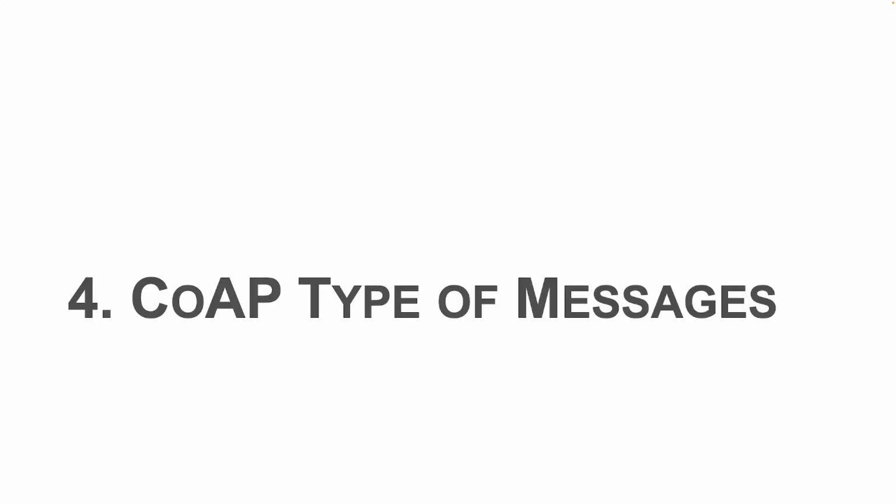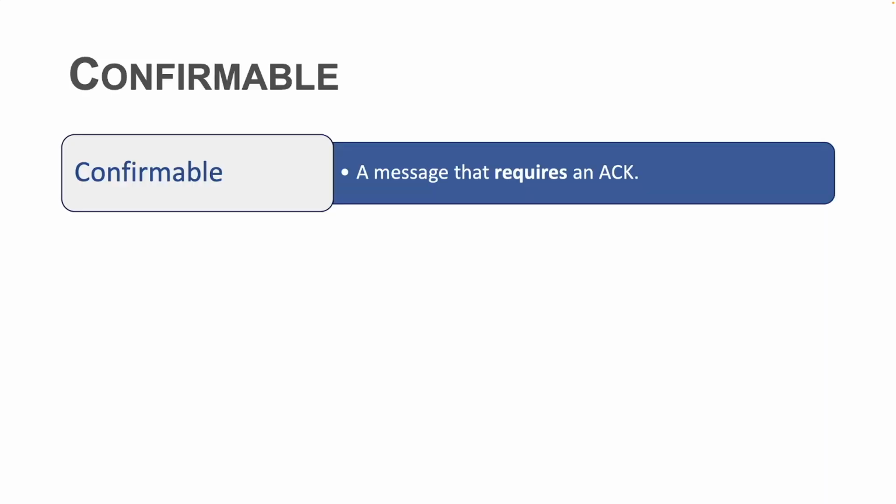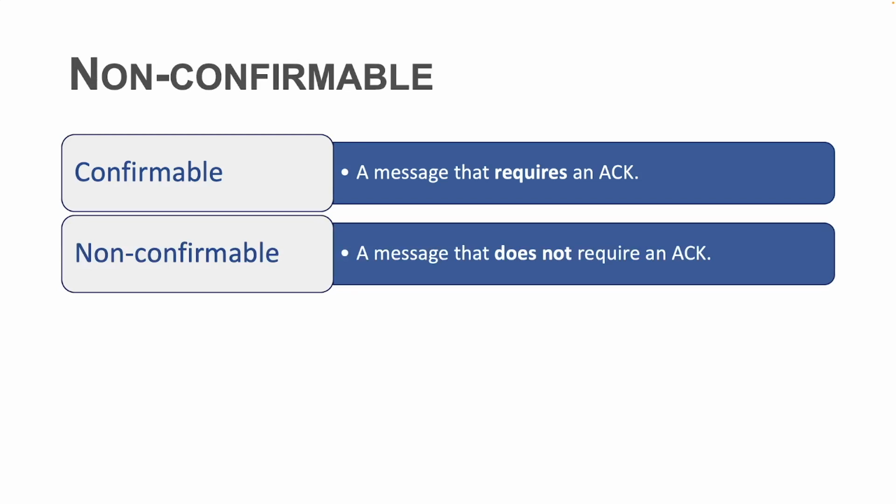Now, the RFC 7252 standard also defines 4 types of messages, and that includes the confirmable, non-confirmable, acknowledgement, and reset. So the first message is the confirmable, and it is a message that requires an acknowledgement. Then there is the non-confirmable message, and it is the message that does not require an acknowledgement.